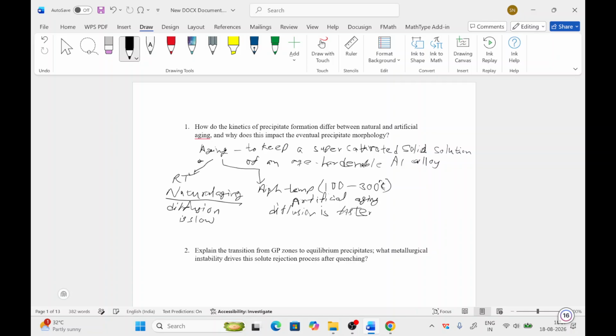Because diffusion is slow at room temperature, the atoms will take time to make a cluster, and the ordering will not be ideal; they arrange along the most favorable plane. So the morphology can be rough and irregular.